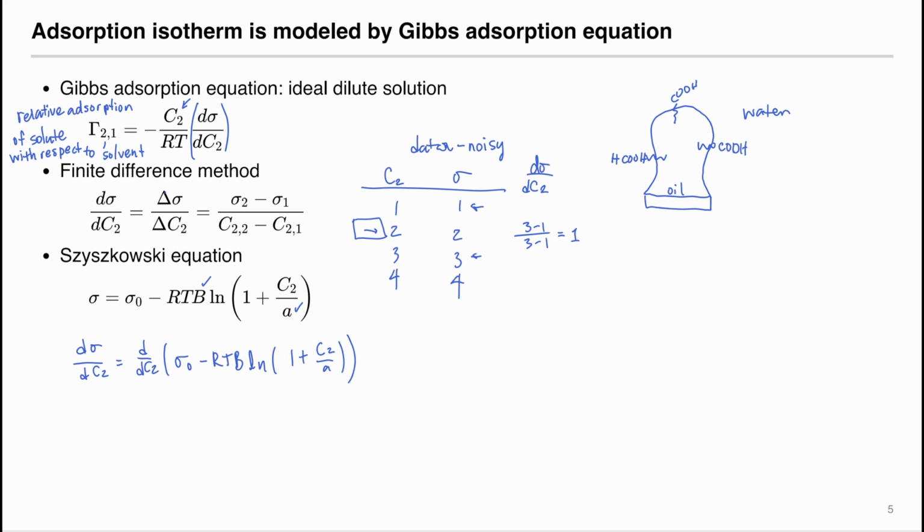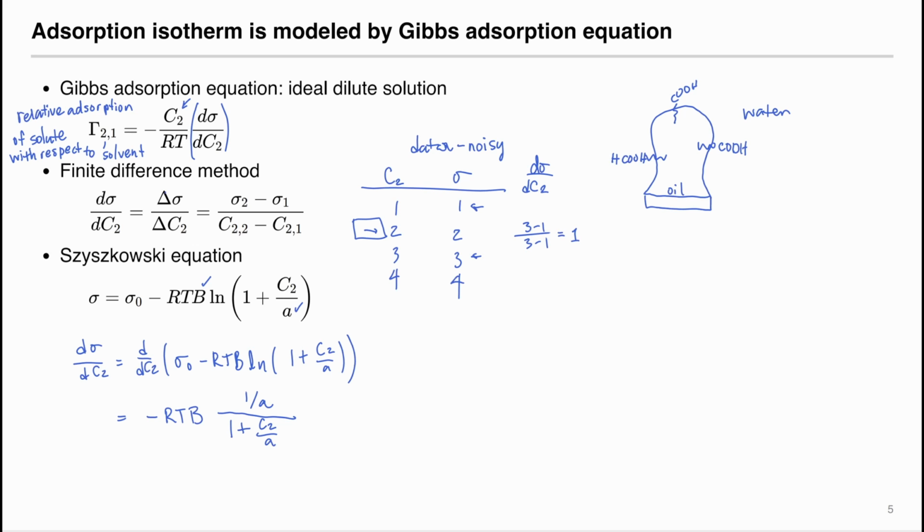We know that sigma 0 is the interfacial tension of water, which is a constant, so its derivative goes to 0. Negative RTB is constant, we can take it out. The derivative of natural log, we need to use the chain rule here. Derivative of natural log is 1 over x, so we have everything inside, 1 plus C2 divided by A, at the bottom, and at the top we'll have the derivative of everything inside, and the derivative with respect to C2 is 1 over A.